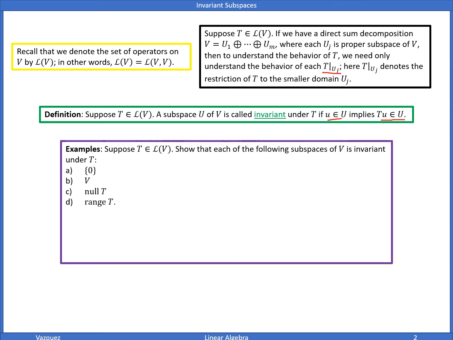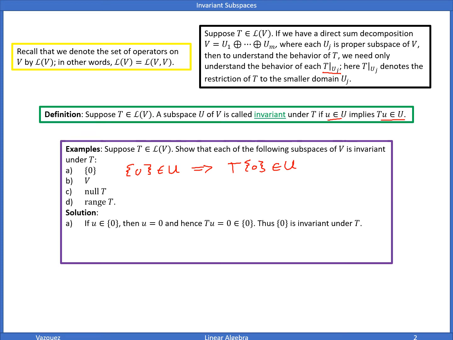First, this means that if u is in the set {0}, we should get that T of u is also in {0}. So if u is an element of {0}, the 0 vector, then u is 0, and therefore T of u is 0, which we know is an element of the set {0}.